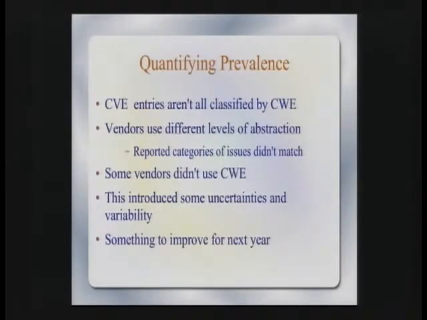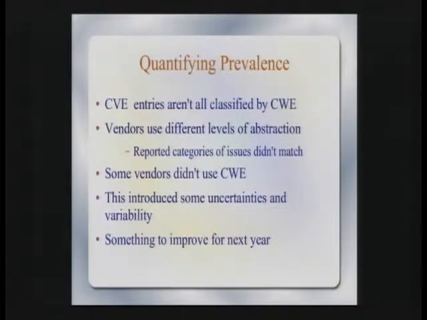Now, that sounded like a great idea, but when we tried to do it, we realized there were other problems with that. The CVE entries are not classified by CWE. Vendors, if they use the CWE, use different levels of abstraction.